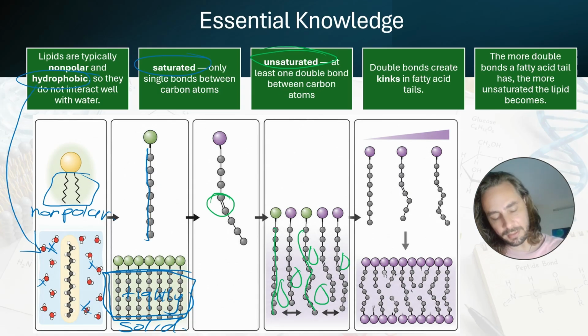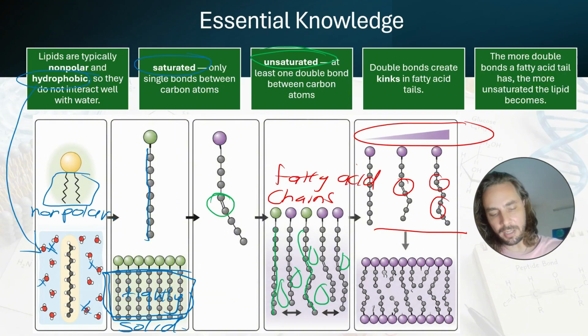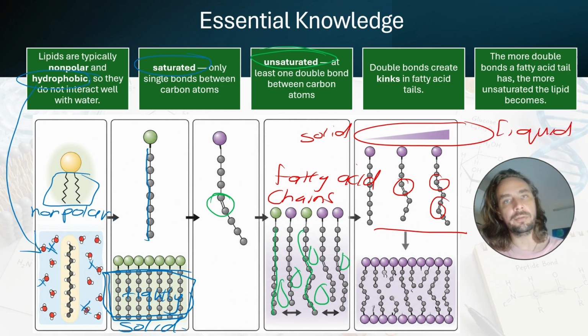And the more double bonds you have, so here is one double bond, here is a lot of double bonds. If you have no double bonds, it will be a solid. And if you have more double bonds, it becomes more liquid at room temperature.